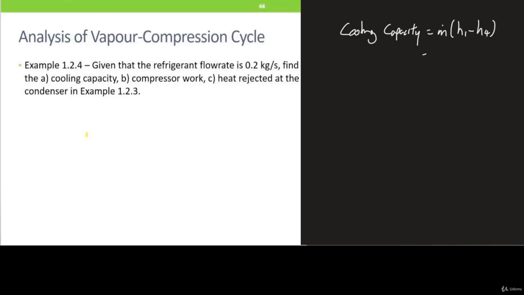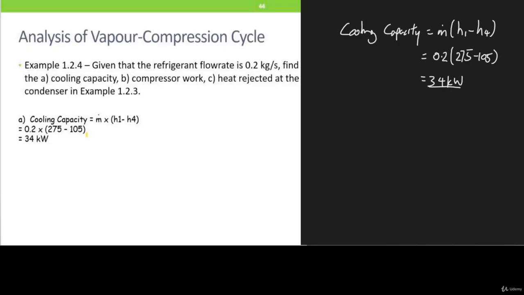So m dot is 0.2, H1 is 275, and H4 is 105. With that, you calculate, you will get 34, and remember the units, kilowatts. Of course, when you draw the pH diagram and read off your enthalpy value, which is slightly different, maybe 280 over here at 110, your answer may differ slightly, but don't worry. As long as it's within the range, it's still correct.